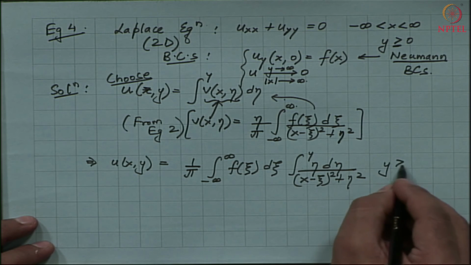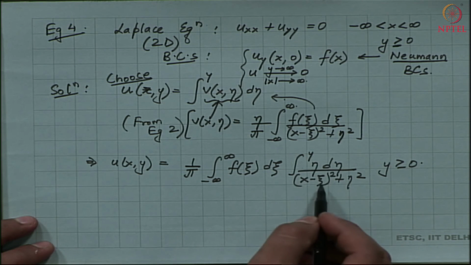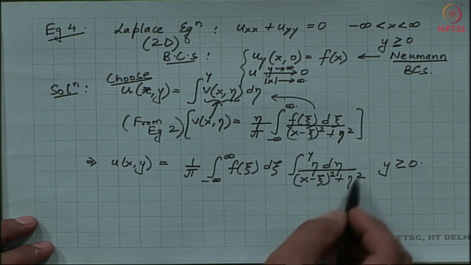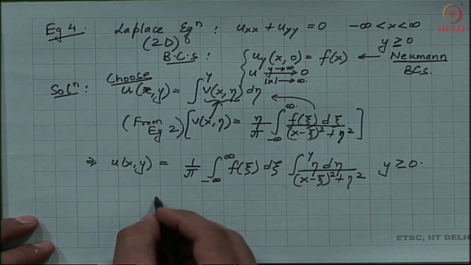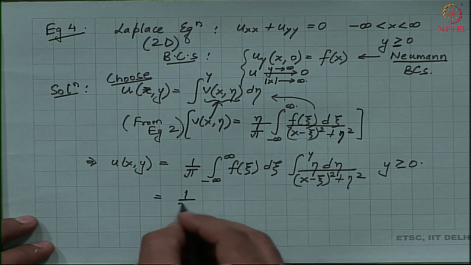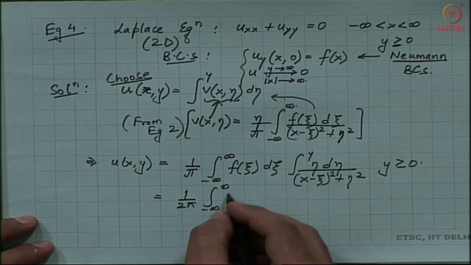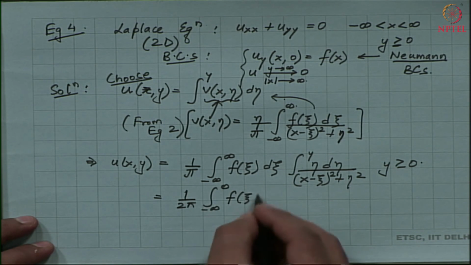So I have that y is non-negative. Now this integral can be readily evaluated. We can see that this integral is with respect to eta, and I am going to get my answer as left in one integral from minus infinity to infinity integral of f of zeta.